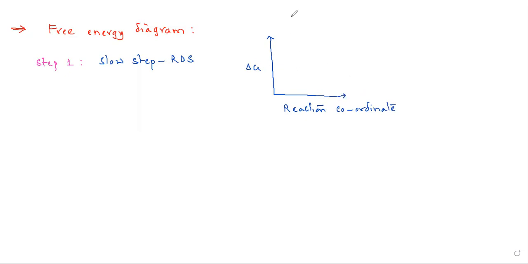Now when I say slow step or rate determining step, obviously it will have the largest energy barrier.